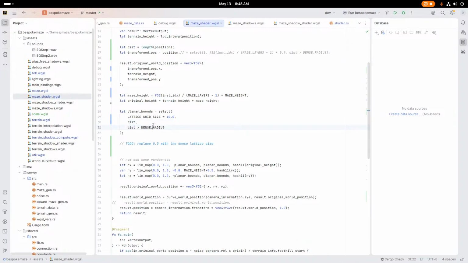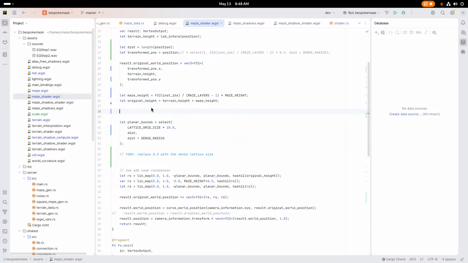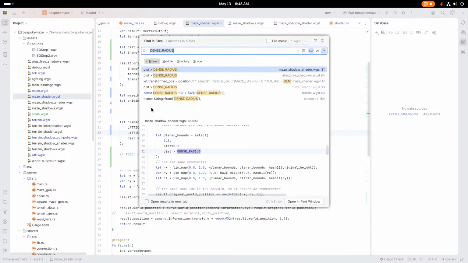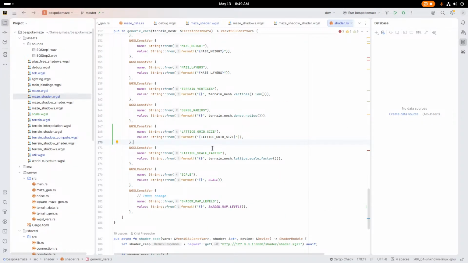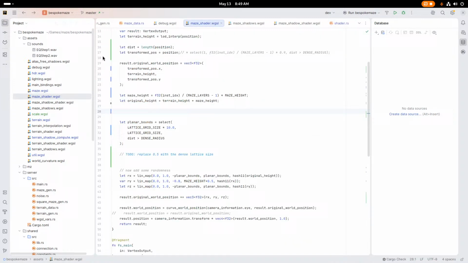Yeah. Okay. So the actual calculation for, yeah, if it's greater than dense radius, then it's going to actually be the lattice grid. No, wait. Wait, what? Oh, no, it's not lattice grid size, it's lattice. Oh. Yeah. Never mind. Okay.